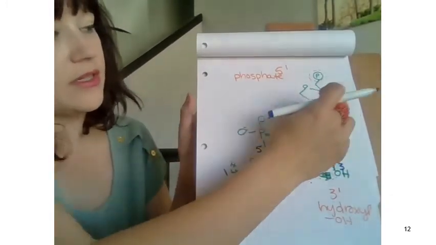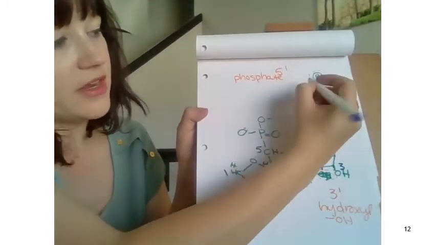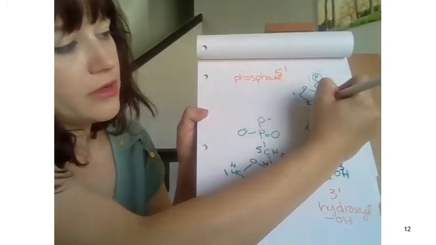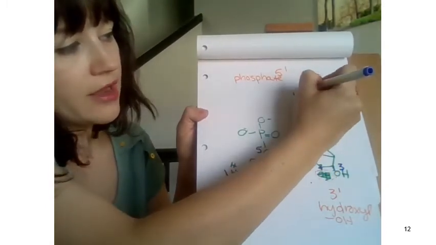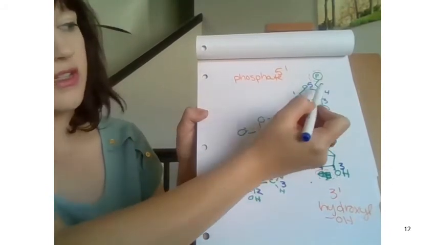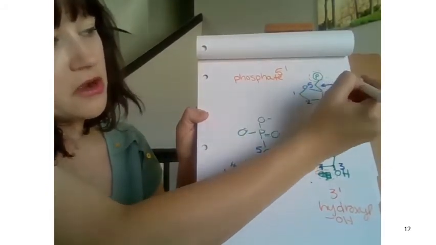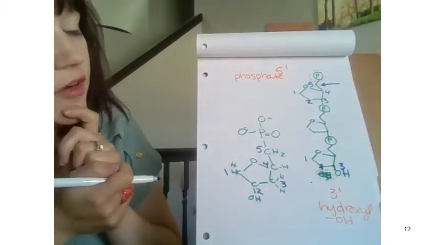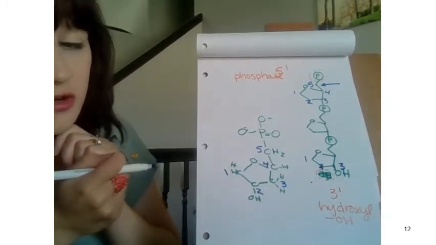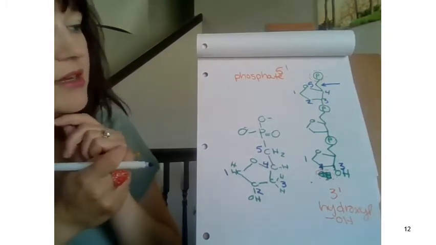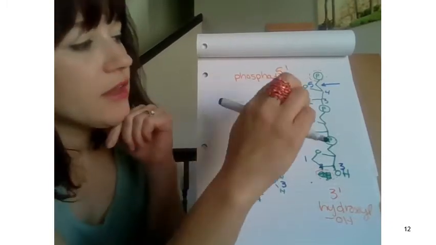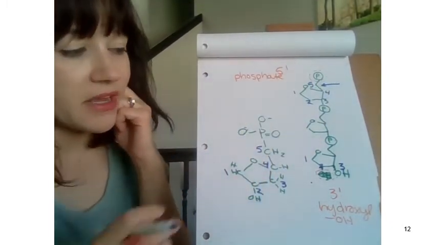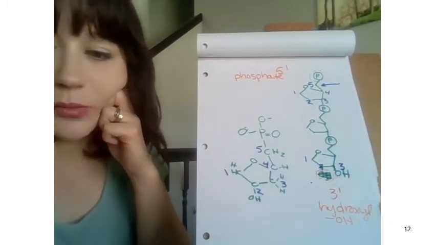And when we count where this phosphate group is attached, 1, 2, 3, 4, 5, the phosphate group is attached to the 5th carbon in that sugar. So you should be able to point out why exactly this end is called the 5' end and this end is called the 3' end.